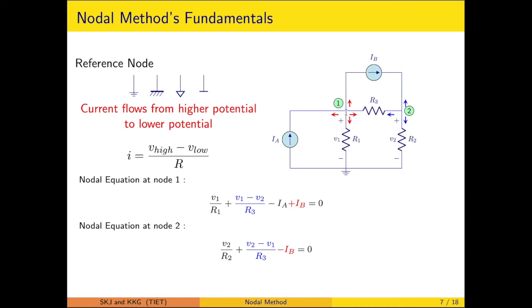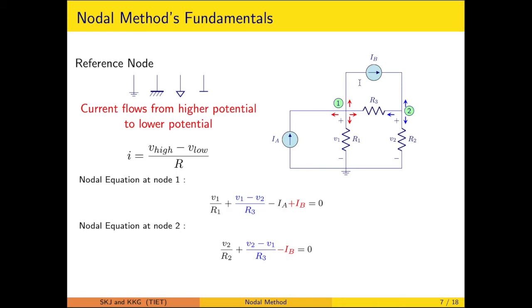Corresponding to this one, we are presuming this is the direction. So V1 is at higher potential with respect to V2. That gives you the value V1 minus V2 upon R3. This IA is an actual current source, which is opposite to our convention of the outward current, so it is with minus IA.